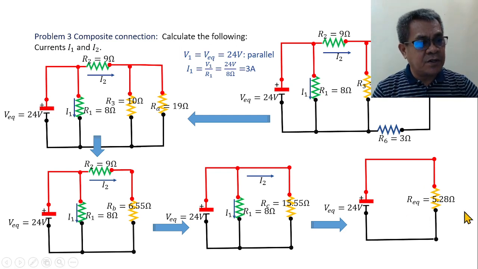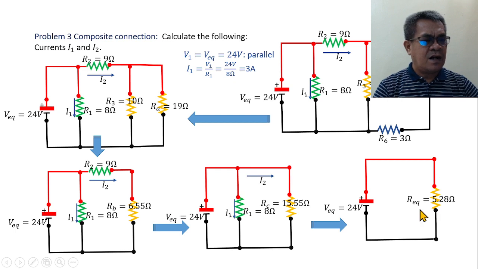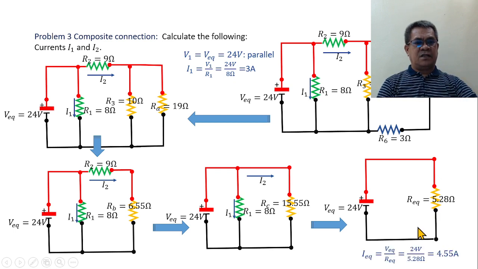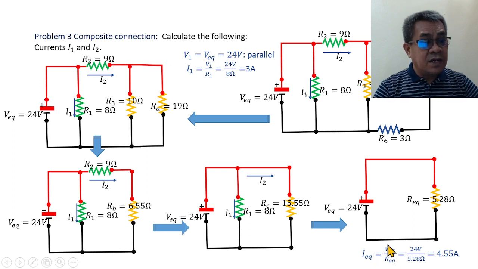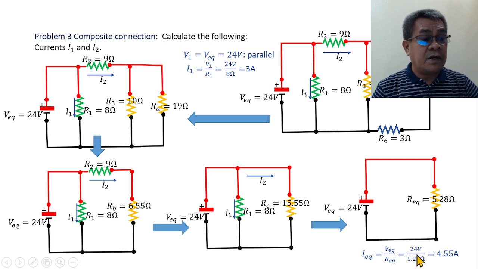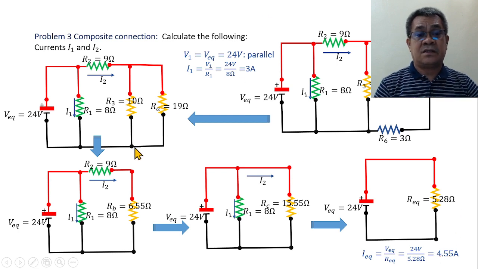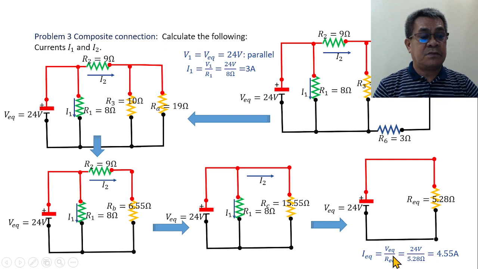And this is now our R equivalent. So therefore, since we have R equivalent, then we can now solve for I. I equivalent is V equivalent over R equivalent. Then what else? This is 24 divided by 5.28. Then the result is 4.55. So we have already I. So since we have I, we can subtract 3 from I equivalent 4.55, and the answer is I2.